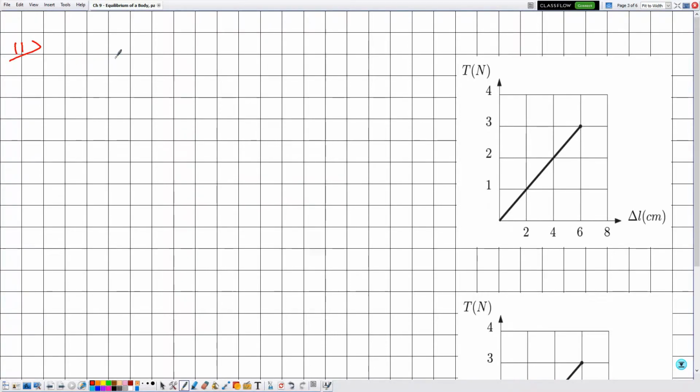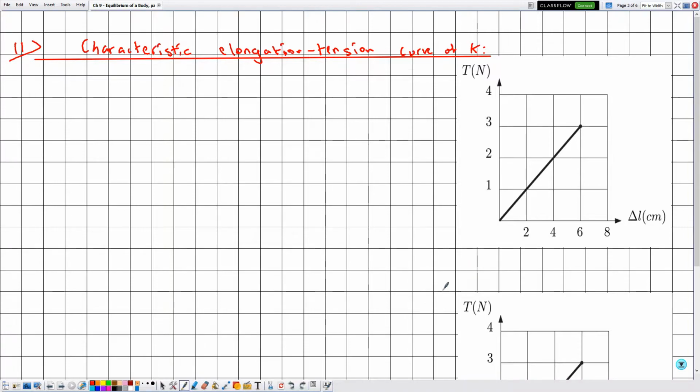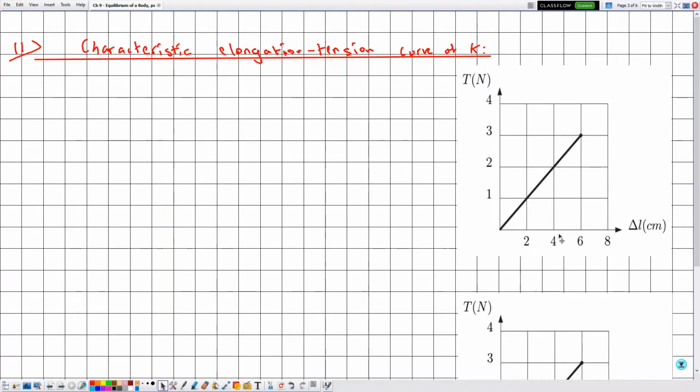And the title of this section is Characteristic Elongation Tension Curve of K. Now here the case that we are discussing is the case of elongation, but we know that the spring can undergo two modes that are given by either the elongation or the compression.